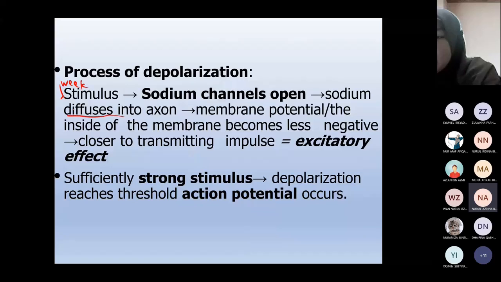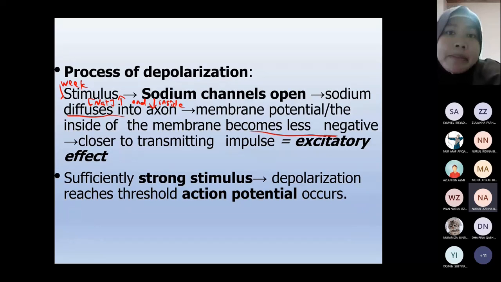Why? Because we know that the concentration of sodium ions is higher outside and lower inside the axon. So that is why sodium ions diffuse into the axon and cause the membrane potential, or inside of the membrane, to become less negative. But it is closer to transmitting the impulse.